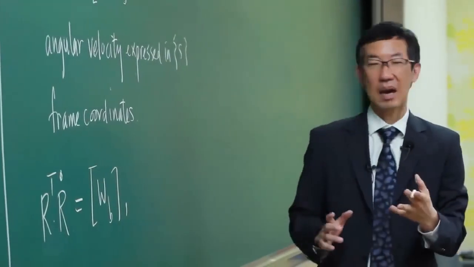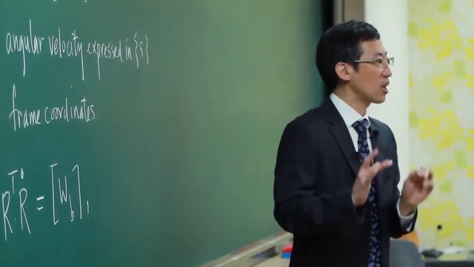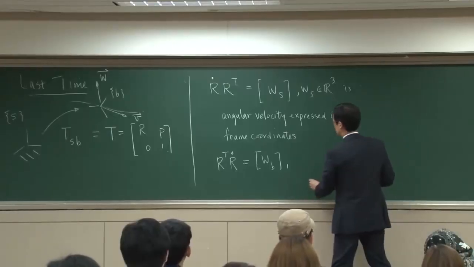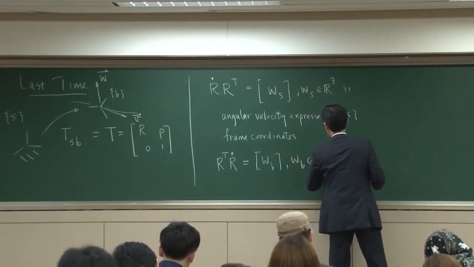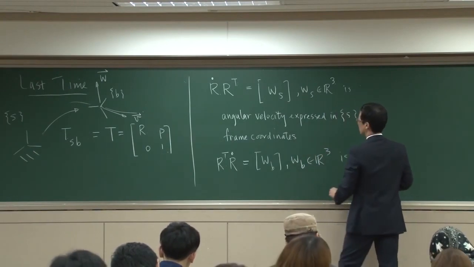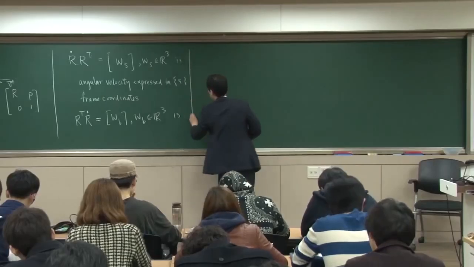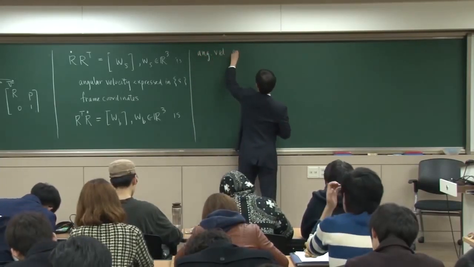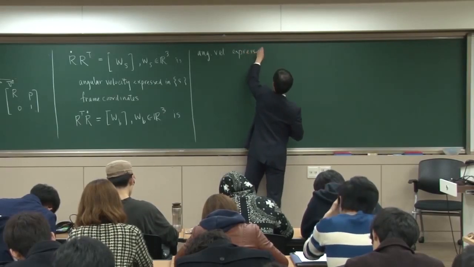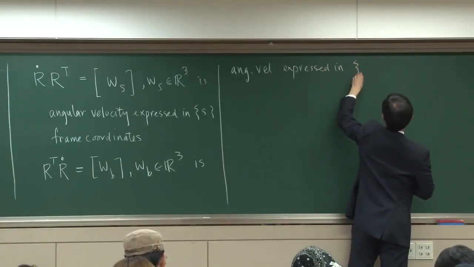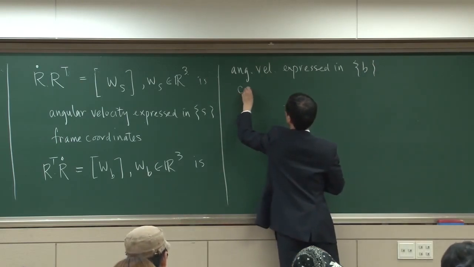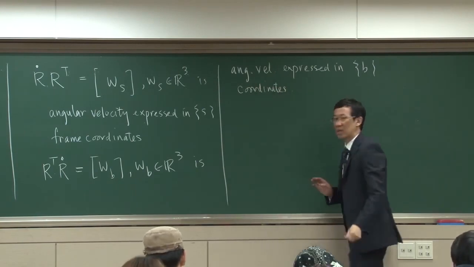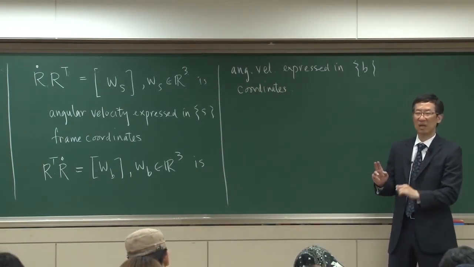This omega b happens to be the angular velocity, but now expressed in the B frame coordinates. So this part I think we're okay with, right? We spent about two lectures going over this.